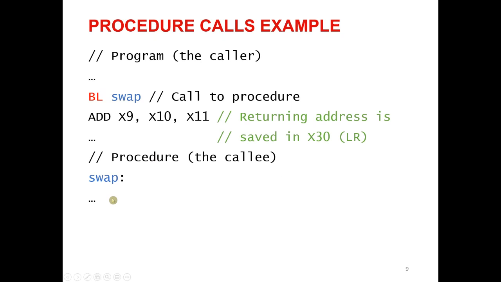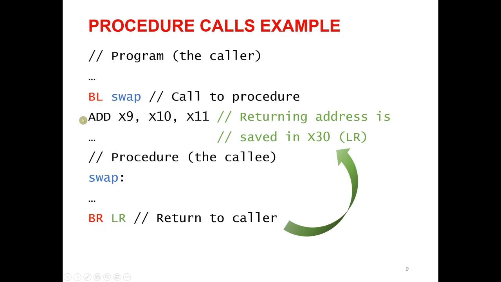We do what we need to do in that procedure, in this case swapping the values, and then I call the branch to register instruction in order to return back. In this case, we have branch to register, and the register is the link register or X30, which is going to take us back to the instruction which is in the address of X30, the link register, which is actually the add instruction. Make sense?